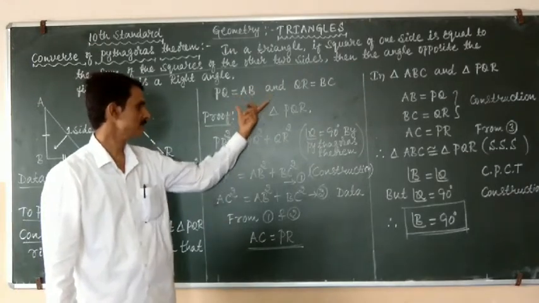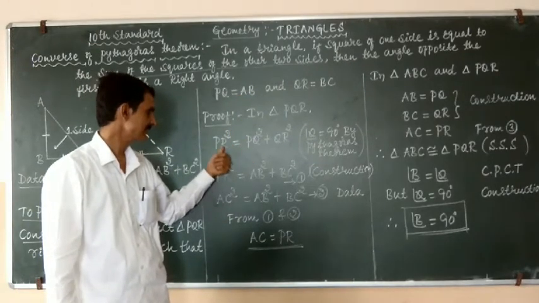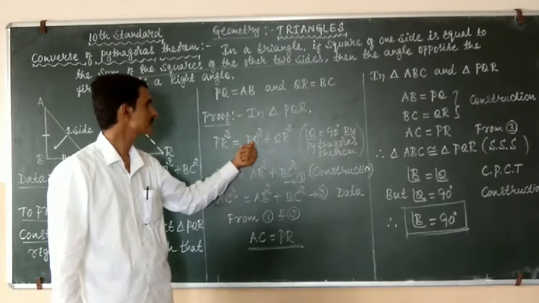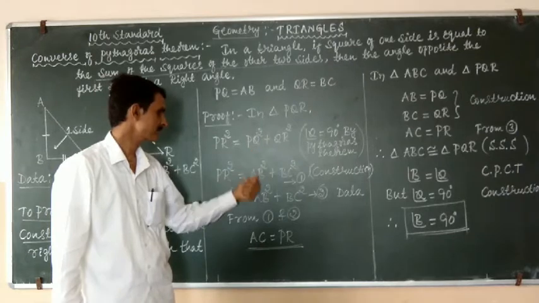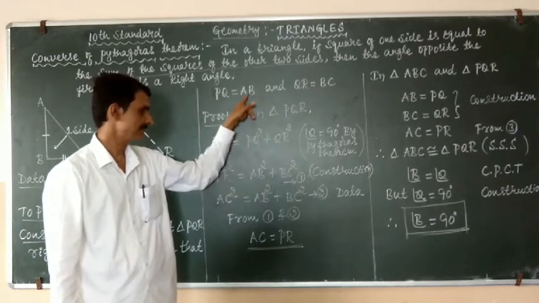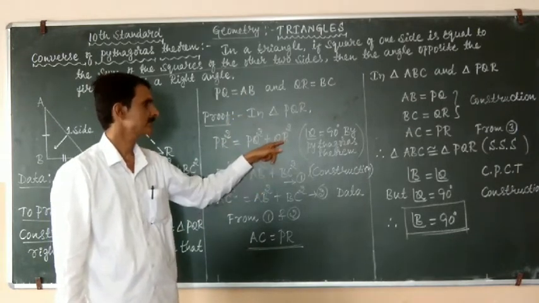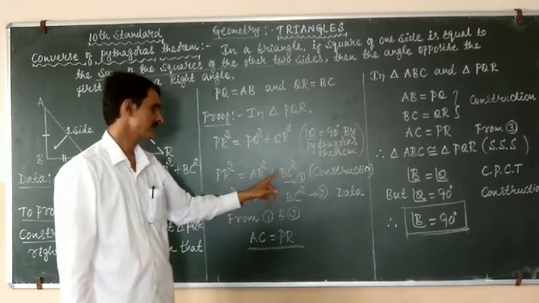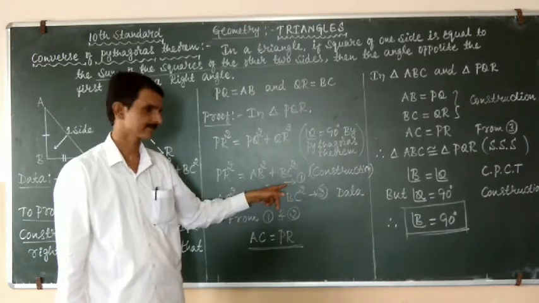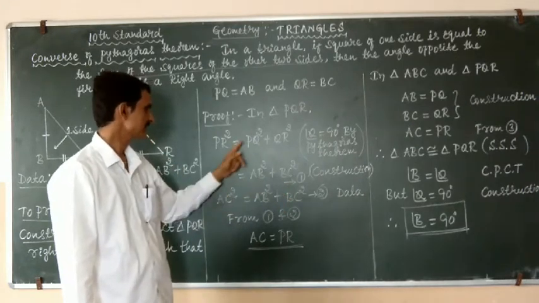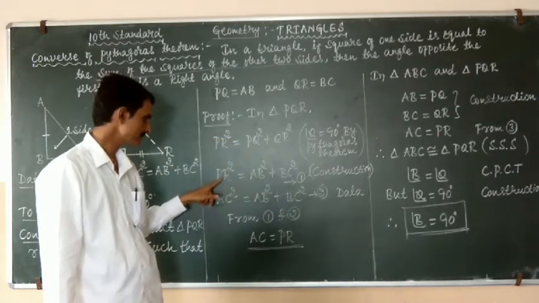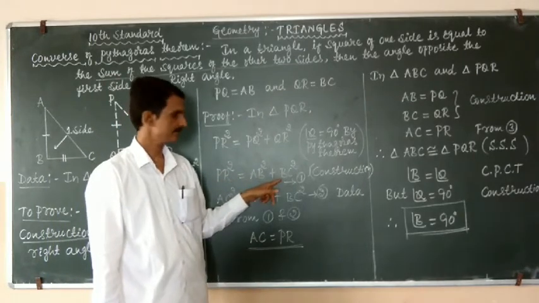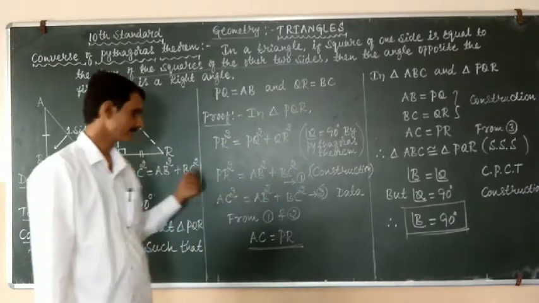Substituting these values, the LHS remains as it is, PR square equals AB square plus BC square. Call this equation number 1.